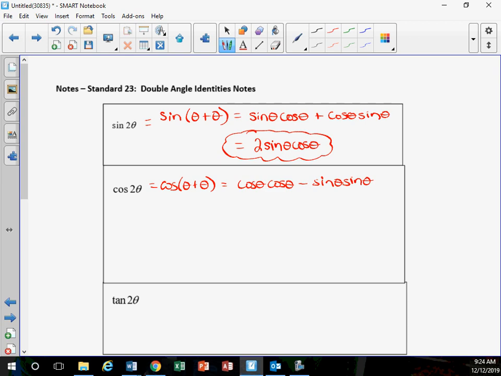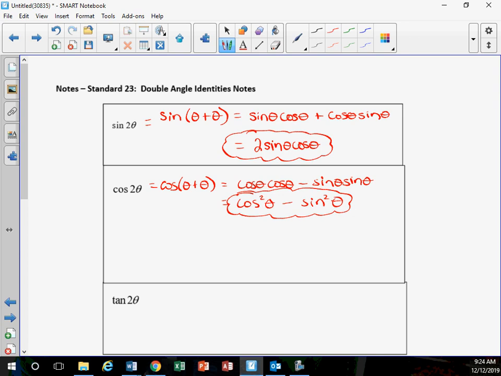All right. Well, what is cosine theta times cosine theta? Cosine squared theta, yes. Minus, what's sine theta times sine theta? Sine squared theta. So there is your first double angle formula for cosine.